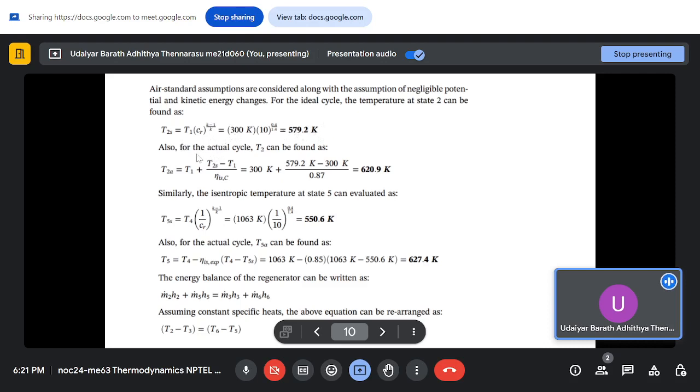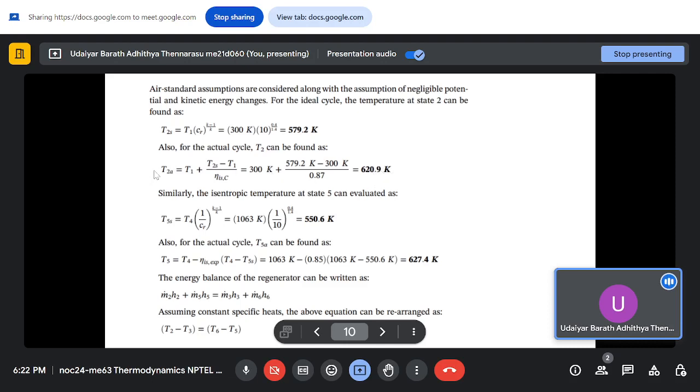Now for an actual cycle, just like what we solved in the previous problem, your W isentropic by W actual will be your isentropic efficiency, and you write enthalpy in terms of temperature, assuming your Cp is constant and independent of pressure. Using that, you can find out the temperature at state 2, which is the actual temperature at the compressor exit, which will come out to be 620.9 Kelvin.